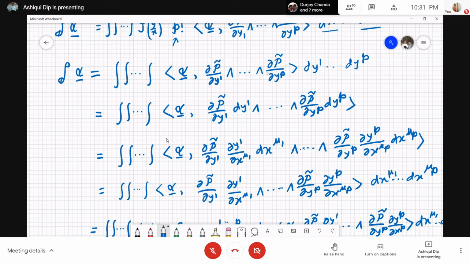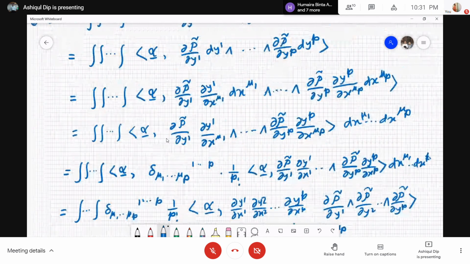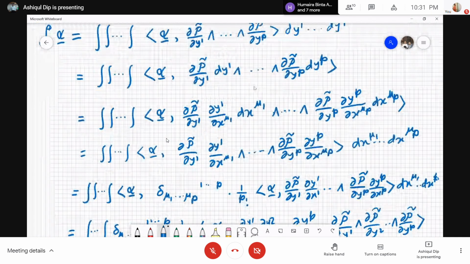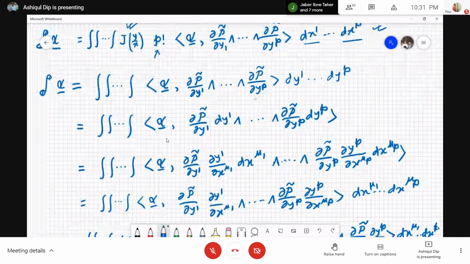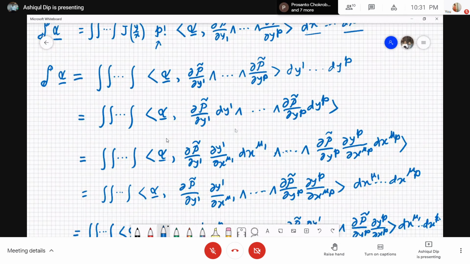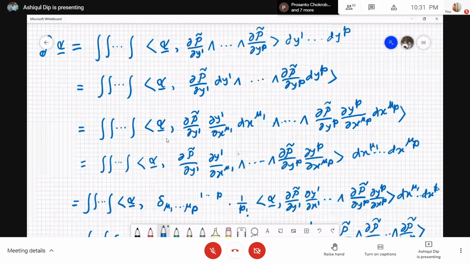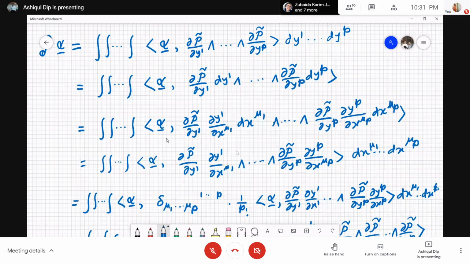I don't know why simple algebra is taking so much time for me today. Okay, so I did the first thing. I expanded dx1, dy1. I should have expanded the other one as well. If I expanded that correctly, then there shouldn't be a problem actually.